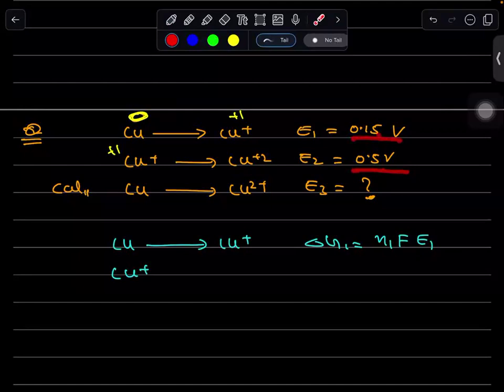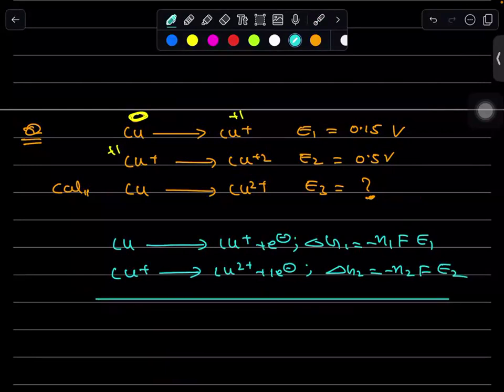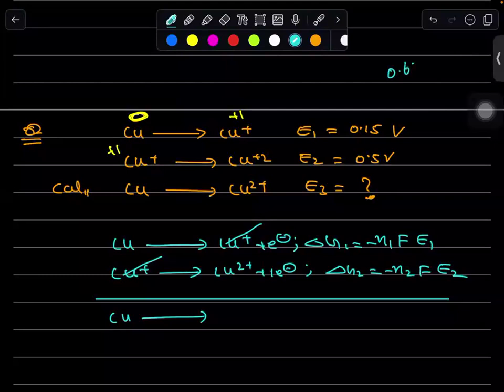Substitute this value and find the appropriate value, not with X and Y. I have not given X and Y, right? 0.4, sir. Wrong.